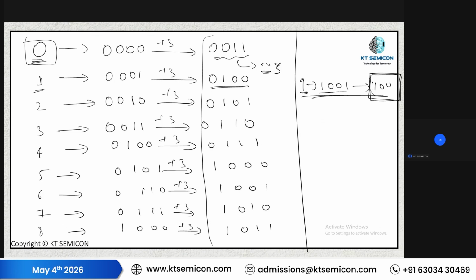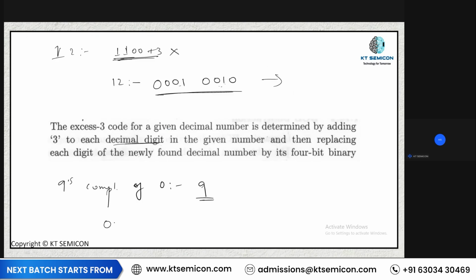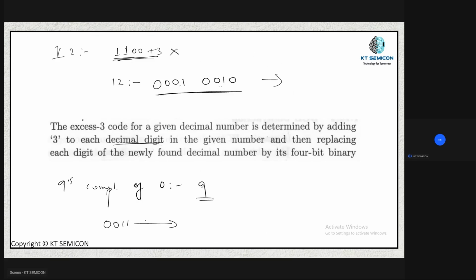Now, instead of performing 9's complement on this decimal digit 0, what I can do is perform 1's complement on the Excess-3 code of decimal digit 0. That means if I simply perform 1's complement on the Excess-3 code representation of 0, then I'm going to get 1100, that is nothing but the Excess-3 code of decimal digit 9.